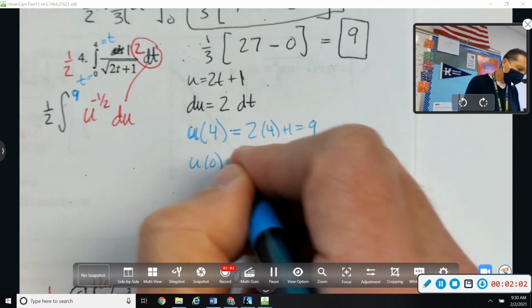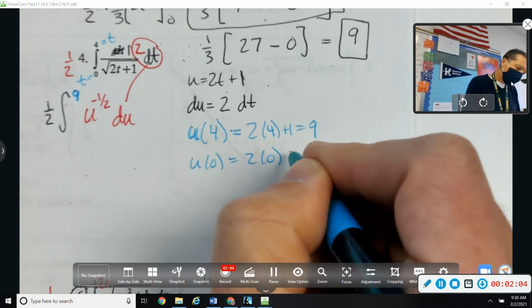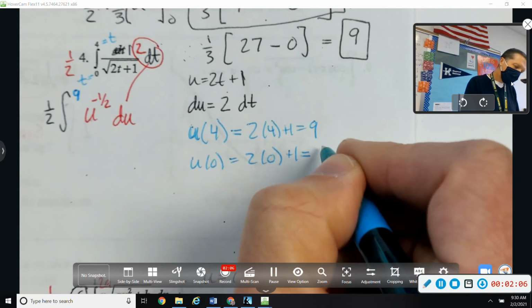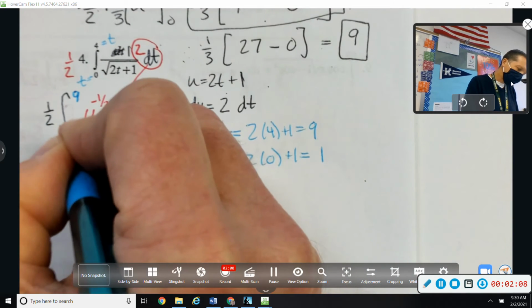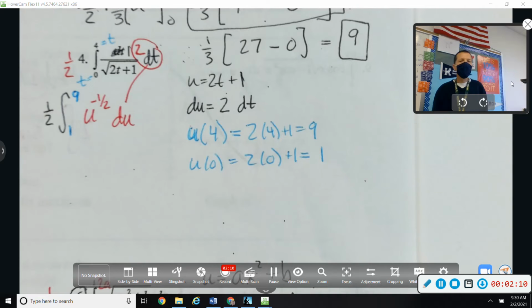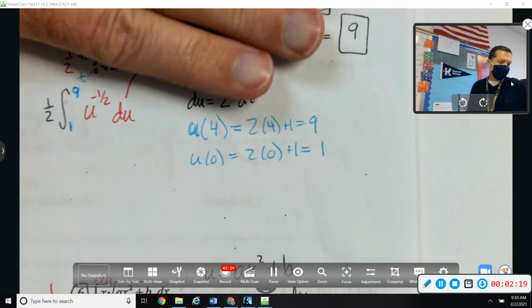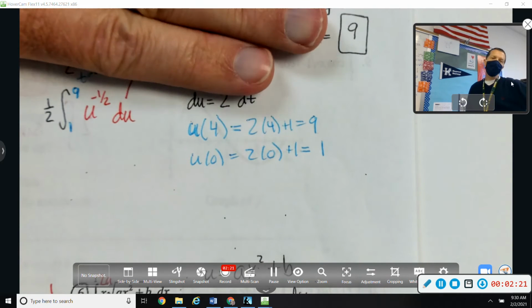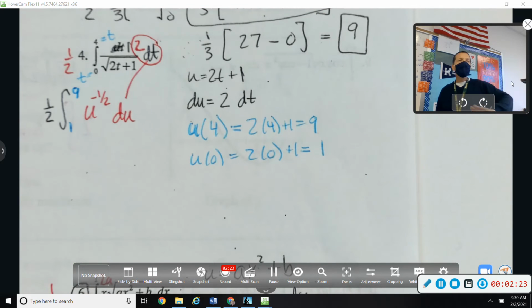And u of 0, 2 times 0 plus 1 would be 1. So my bottom limit is 1. So now everything is in terms of u. The whole problem is in terms of u, which in some ways means I could ignore all of the t stuff. I can work this as a u problem from here on out, never have to go back to t's.